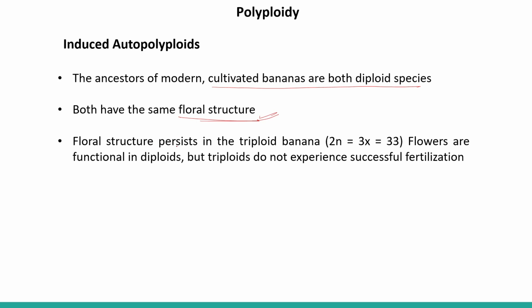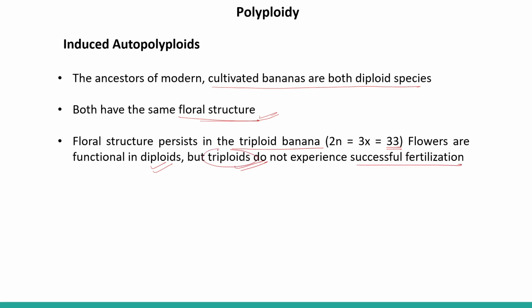The floral structure persists in the triploid banana, that is 2n equal to 33. Flowers are functional in diploids, but triploids do not experience successful fertilization.